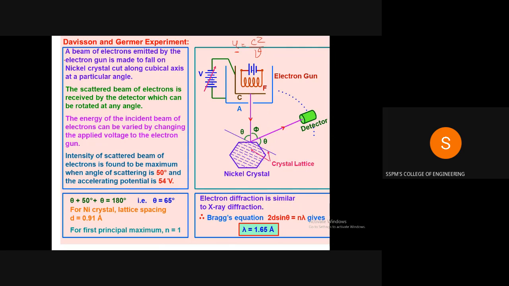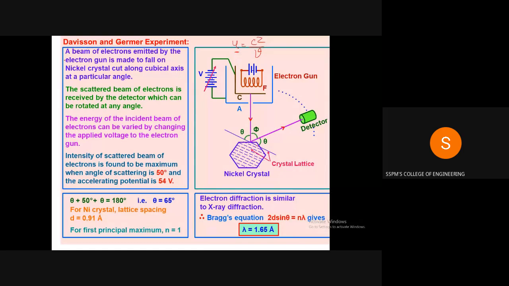Okay, so if you take all the values and apply the condition 2d sin theta equals n lambda, which is the famous equation called Bragg's equation, you will observe here that this total angle is 180 degrees. This is the lattice plane, this is the lattice plane, and this is the incident angle. Okay. So this complete is 180 degrees. So here is theta, the glancing angle.